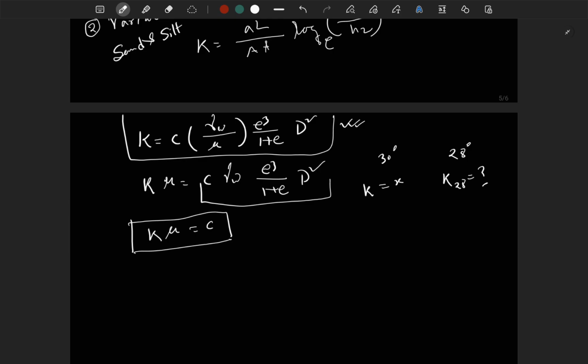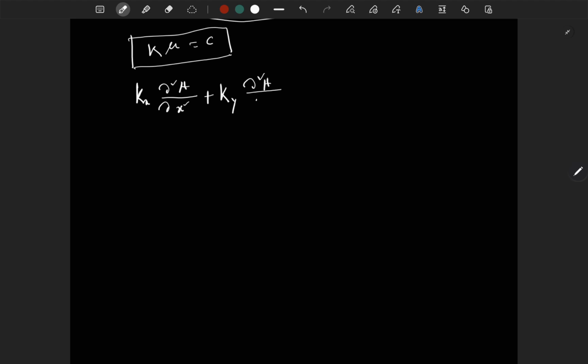Now the Laplace equation for two-dimensional flow: Kx d2h/dx2 plus Ky d2h/dy2 equal to 0 for anisotropic soil.